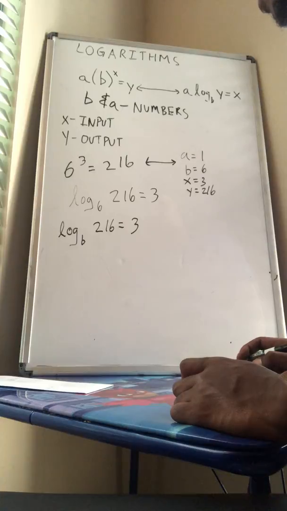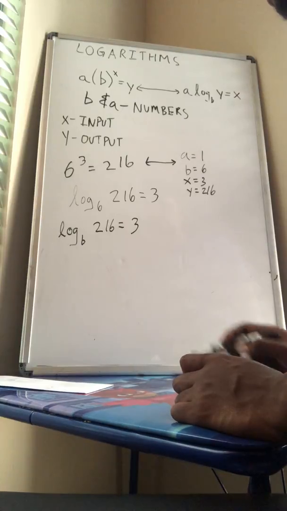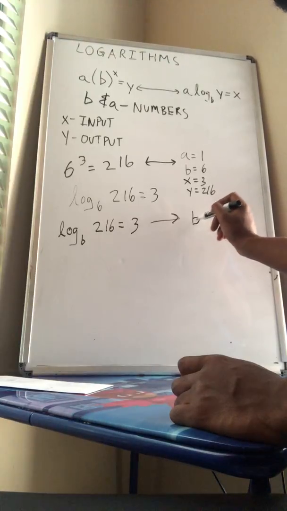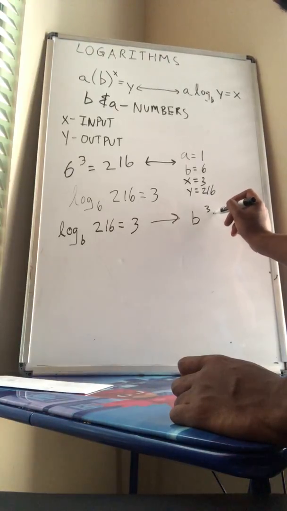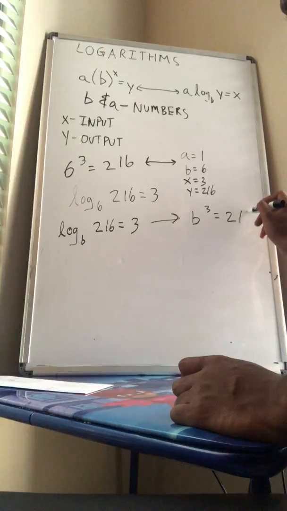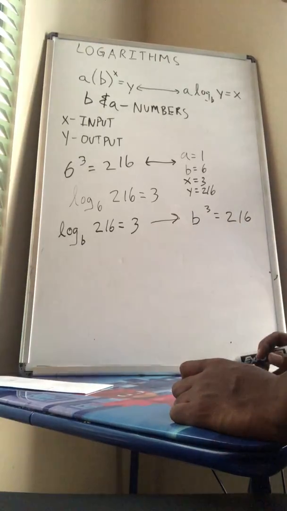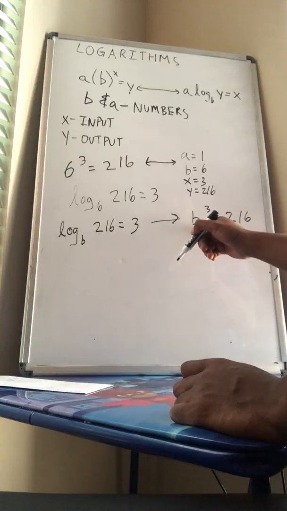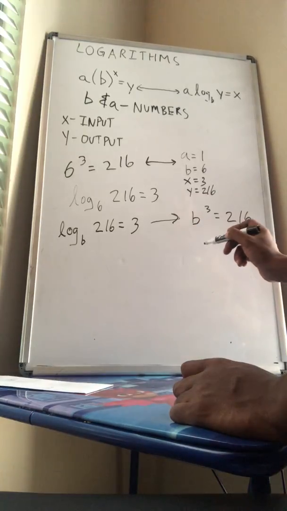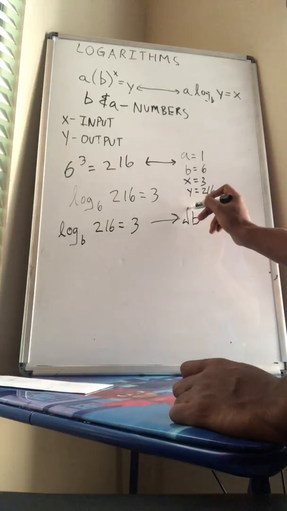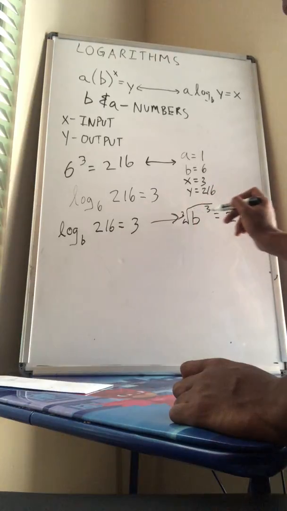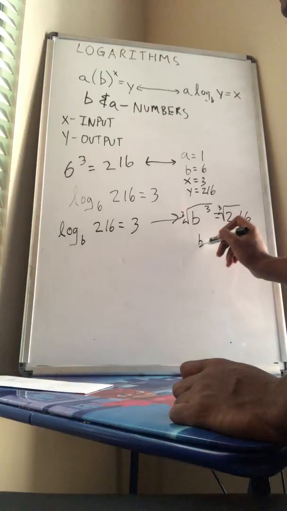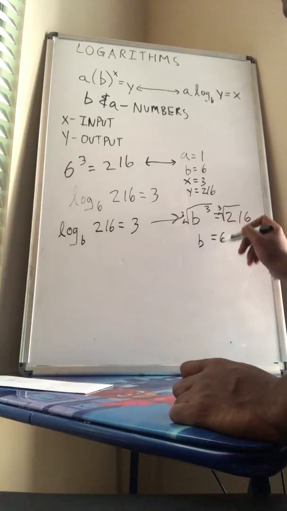You would solve this one by saying b to the third is equal to 216. So now you do your inverse operation to solve for the variable that you have, which would be cube rooting. This is calculator work. b is equal to 6.